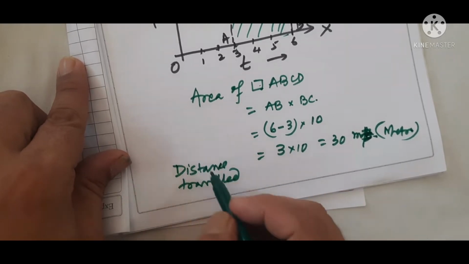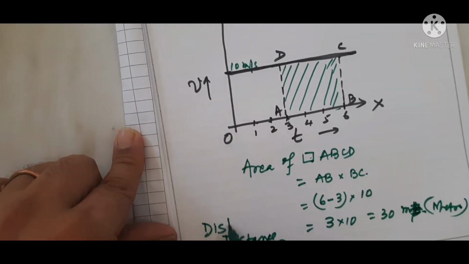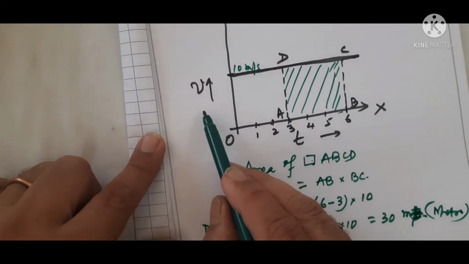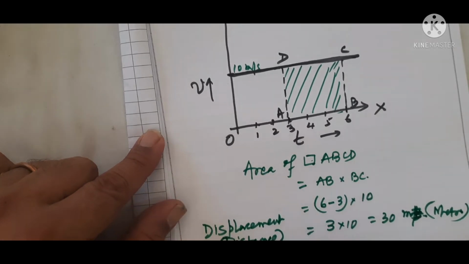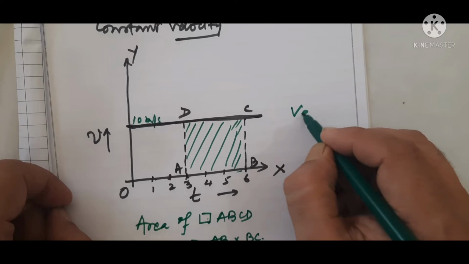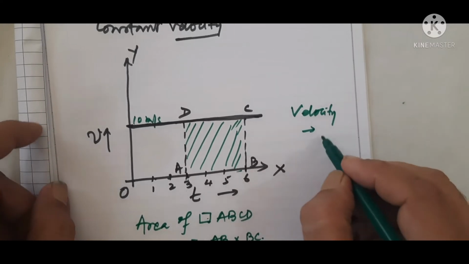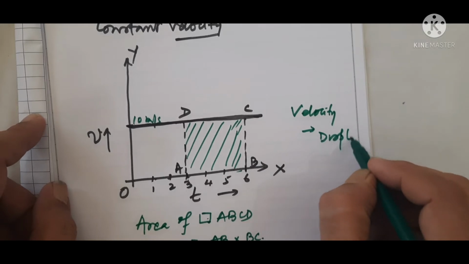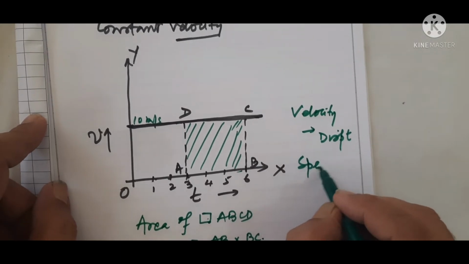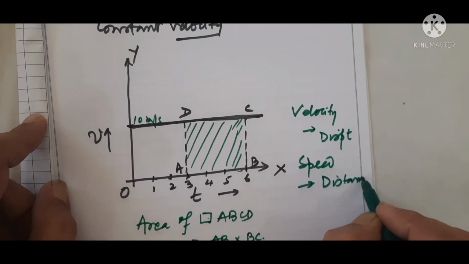Here I have taken velocity, so it is displacement. Had it been speed, then we can write distance. If the velocity is there, then this is your displacement. If the speed time graph is there, then it is distance. That should be clear.